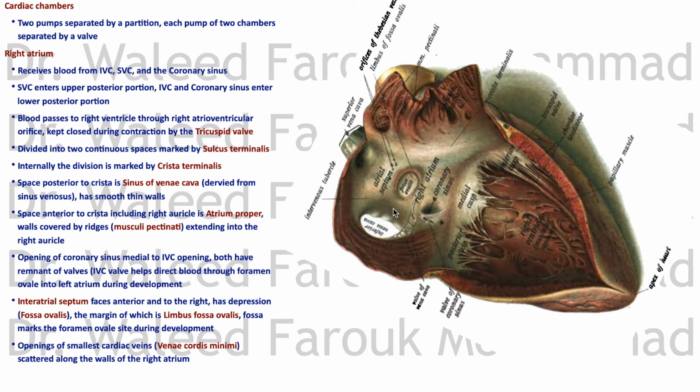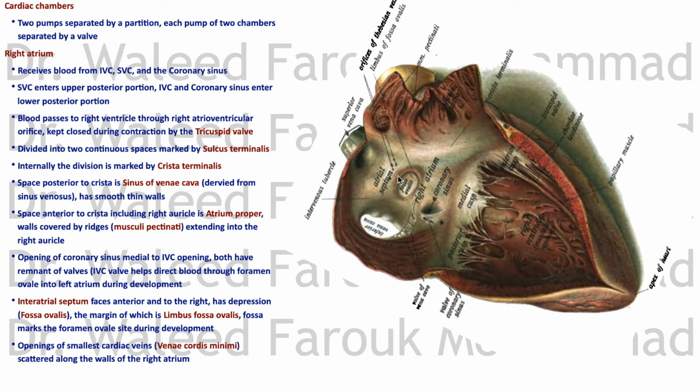At the interatrial septum, at the base, you can find the opening for the coronary sinus, which is the major venous drainage of the heart, which has a remnant of a valve also. You can find the fossa ovalis. This is the fossa ovalis. This is a remnant, in embryology, of the septum secundum, part of the steps in formation of the interatrial septum.